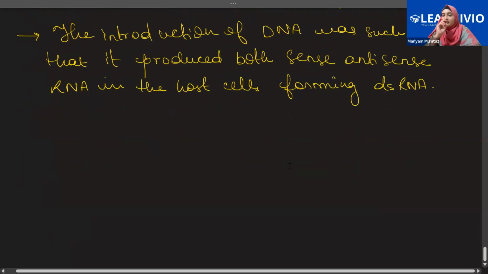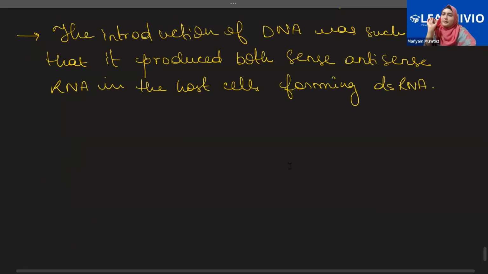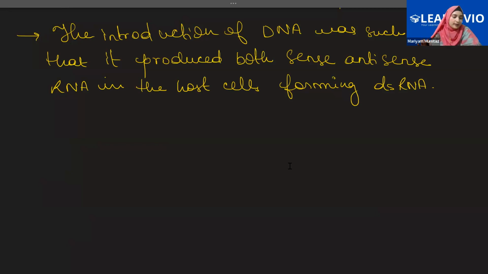None of you remember the vector that is used to deliver a foreign gene into the plant cell? You people remember retrovirus was for animals? Which one was for plants? That's my only question for you.